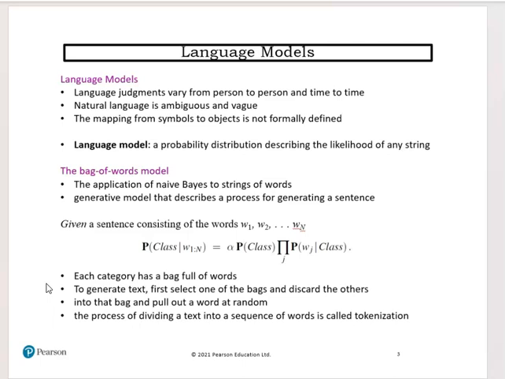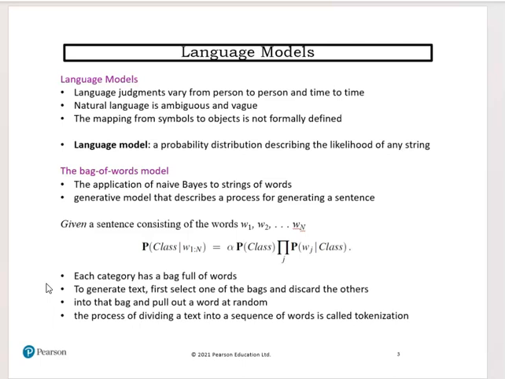A language model essentially defines a probability distribution that describes the likelihood of any string to be correct. For example, such a model should say that the sentence "Do I dare disturb the universe?" has a reasonable probability as a correct string, but the sentence "Universe dare the I disturb do" is extremely unlikely.